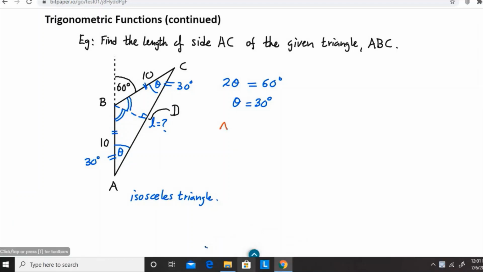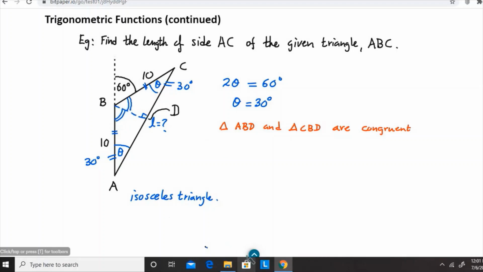Triangle ABD and triangle CBD are congruent. So that means their angles are the same, their sides are the same.